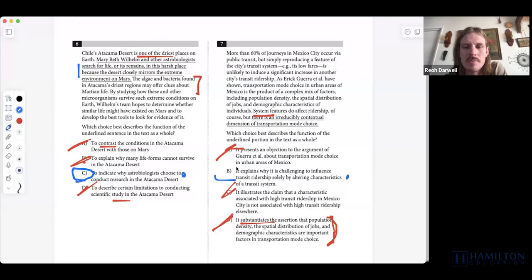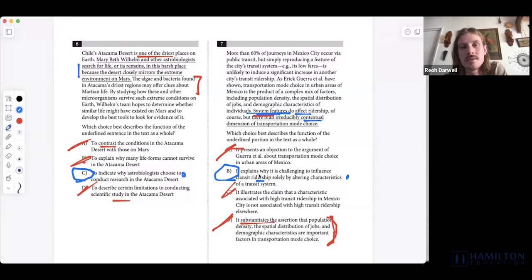So our only answer choice is B, which basically says that influencing ridership by altering characteristics or by working on the system features is difficult, right? Because there are other things at play. We are always looking at the context, which is an irreducible dimension.